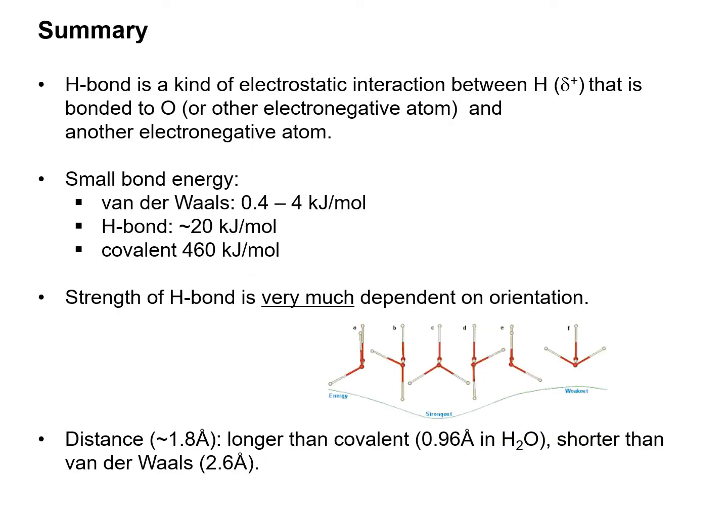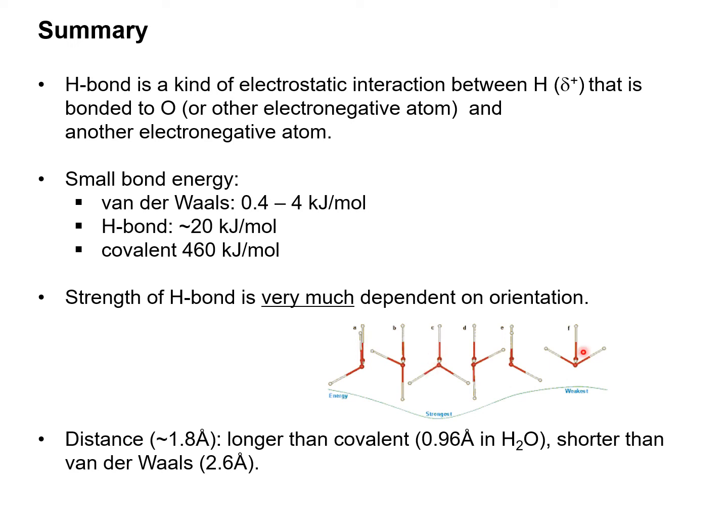And here's a quick summary again for the hydrogen bonding. The van der Waals interactions have 0.4 to 4 kilojoules per mole, as opposed to hydrogen bonding, which has relatively high energy, but it's still much weaker than the covalent bonding. And the hydrogen bonding between water molecules is dependent on the orientation of those two neighboring water molecules.